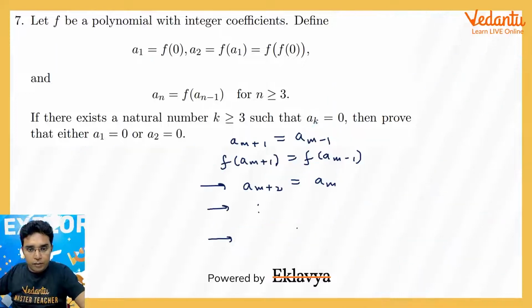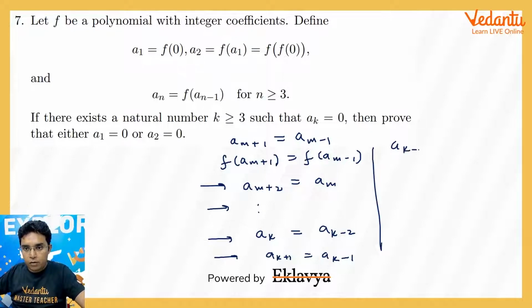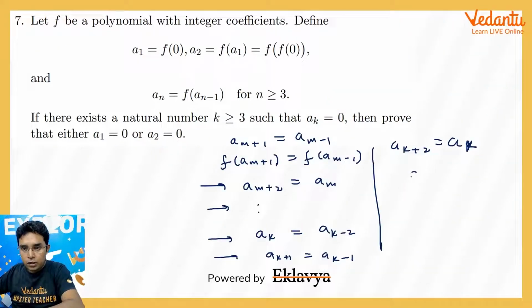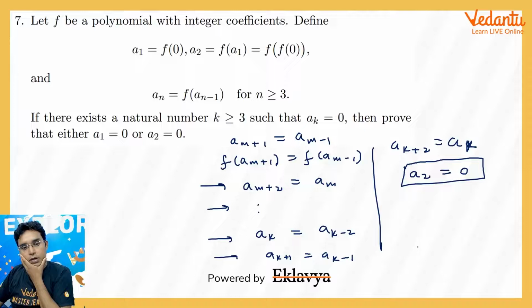Okay, so we will be getting ak to be equal to ak minus 2 and then ak plus 1 to be equal to ak minus 1, and ultimately this is what we are looking for. ak plus 2 will be equal to ak. And we proved in our first slide that ak plus 2 is a2 and ak we started with 0. So you can see a2 is coming out to be 0 here.